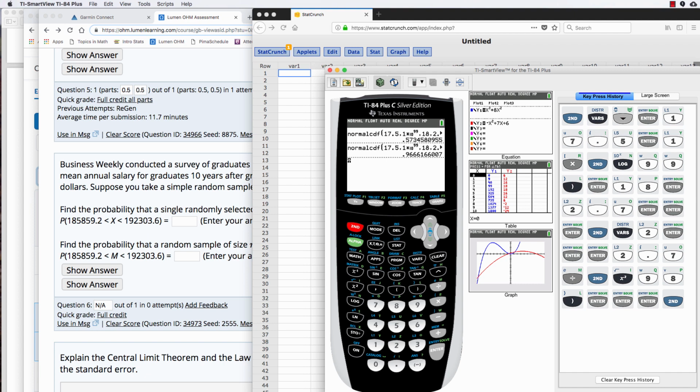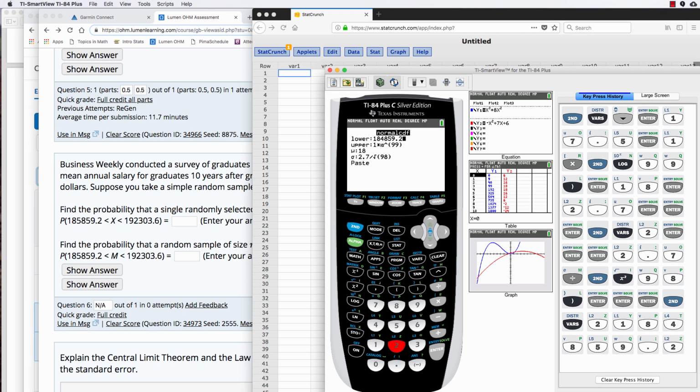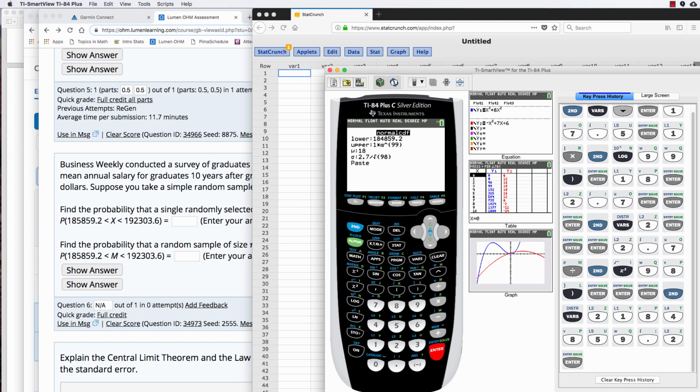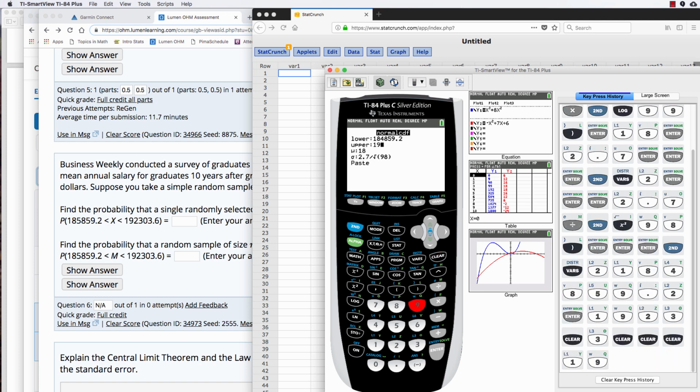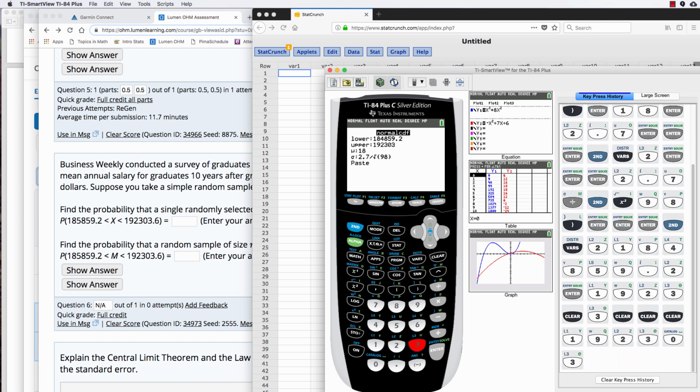Second distribution, we're doing a normal distribution. We see the lower limit is 185,859.2. We have an upper limit of 192,303.6.